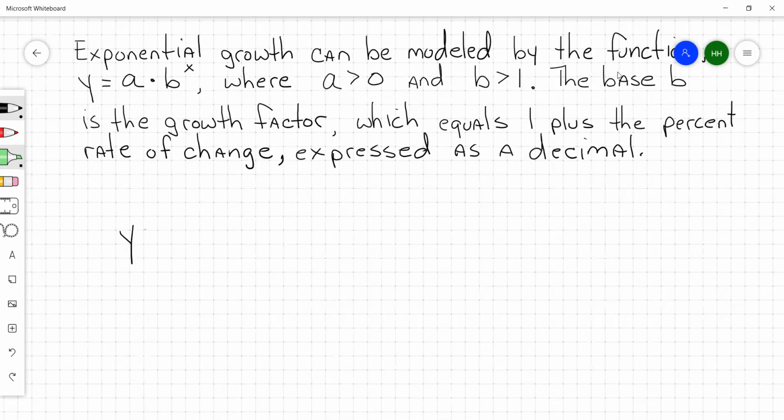If your y is equal to a times b raised to the x power, your a, this value right here, is your initial amount.